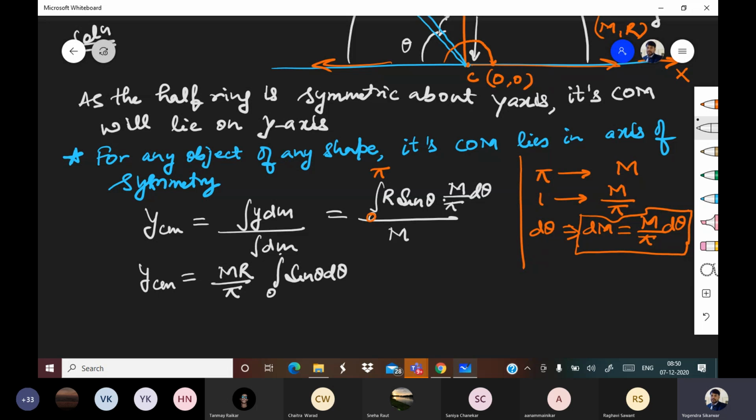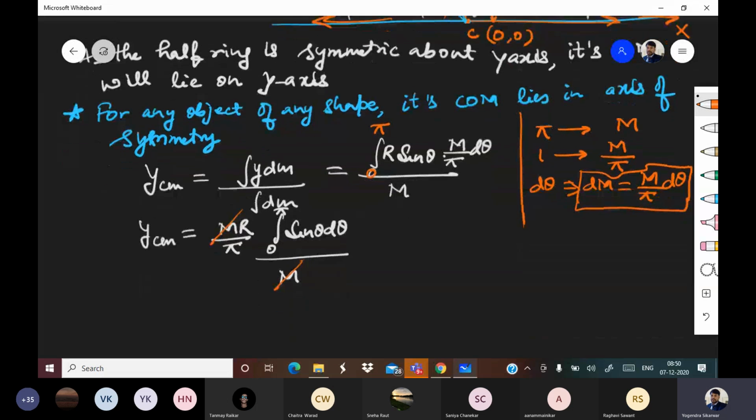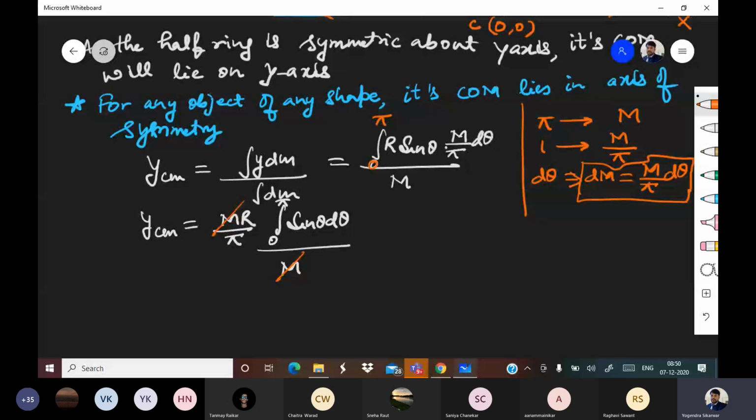So we need to integrate, upon M. So this M and this M get cancelled. Now if you remember, integration 0 to pi sine theta d theta, how much is that? I am writing the answer directly as 2 because I know that, and you are going to solve. So ycm comes out to be 2r by pi.